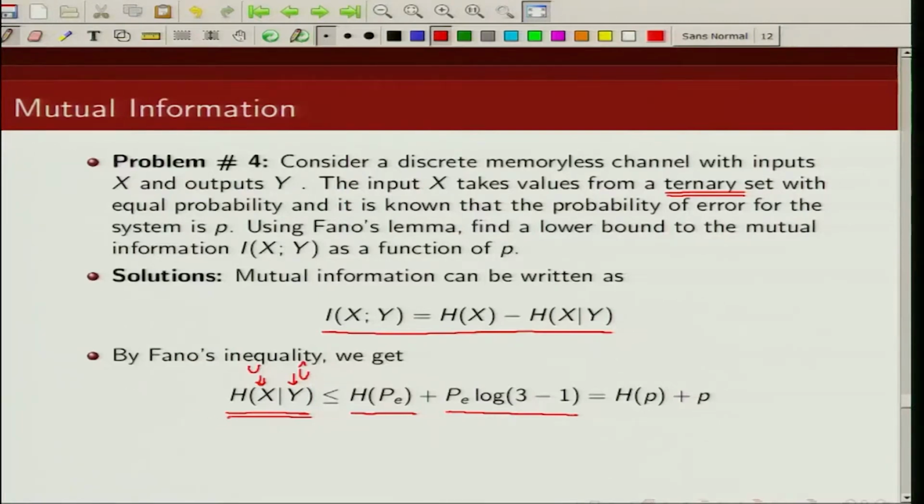So, using Fano's lemma, I am able to get an upper bound on uncertainty in X given Y, and this is given by this expression.